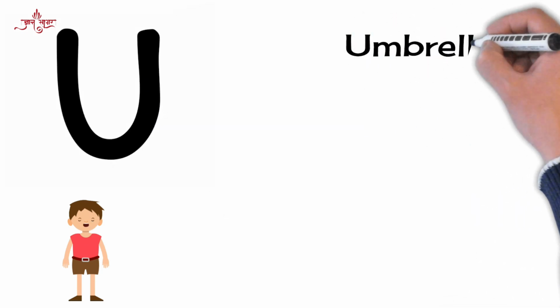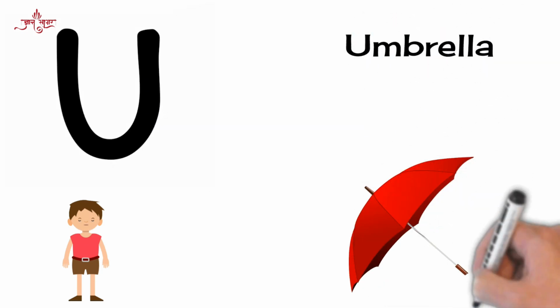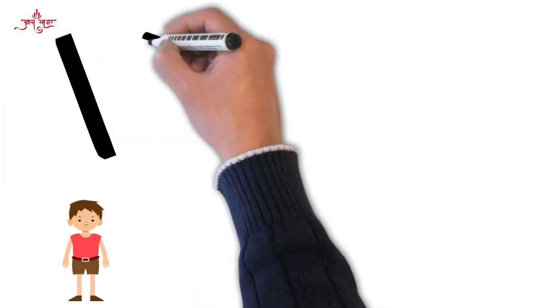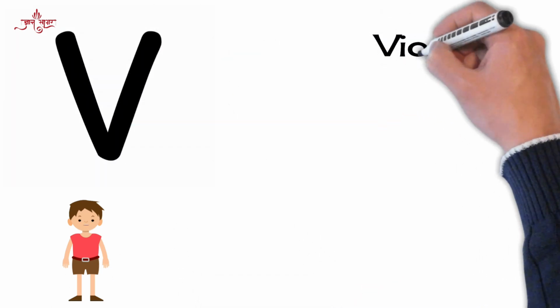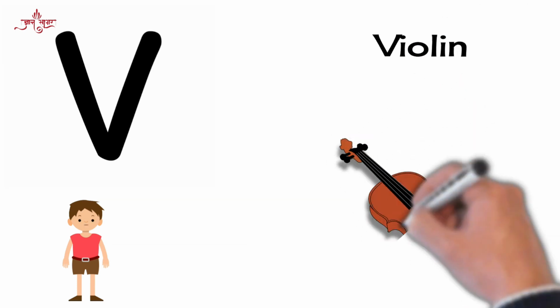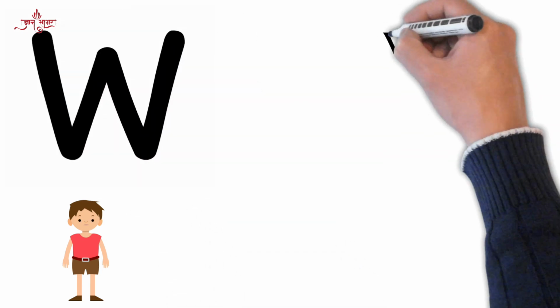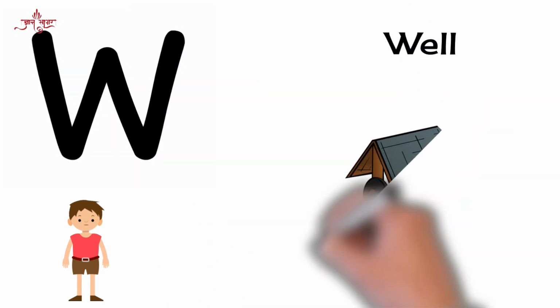U for umbrella. V for violin. W for well.